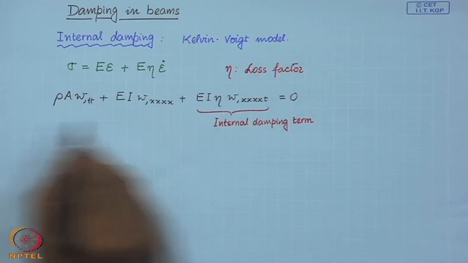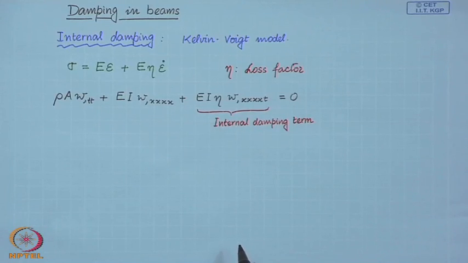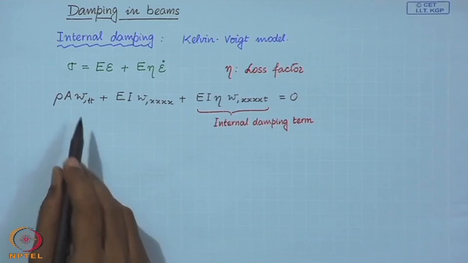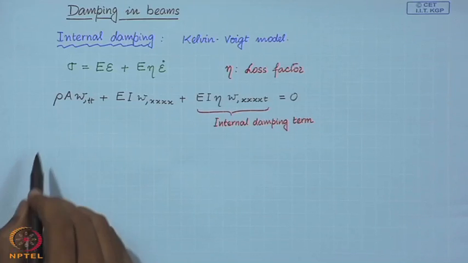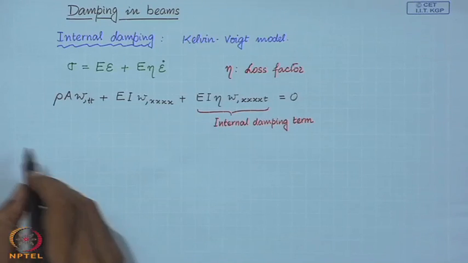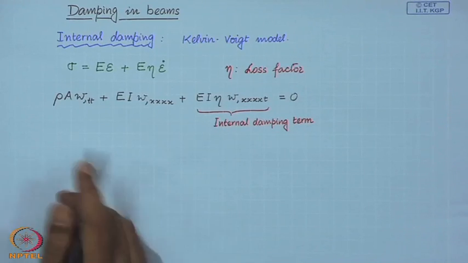So, we multiply this whole equation with the velocity del w del t and integrate over the domain of the beam, that is the length of the beam.